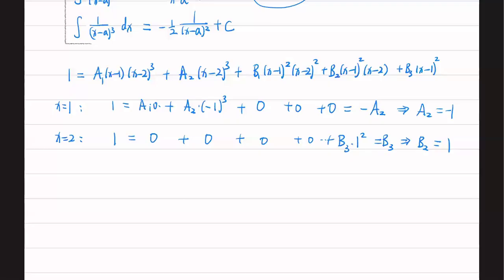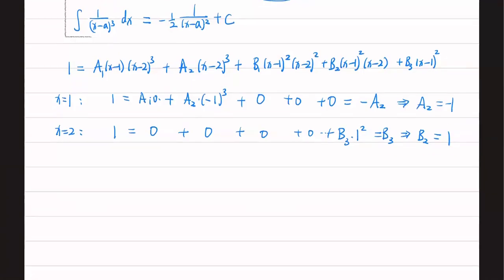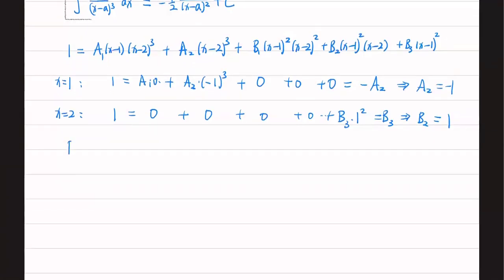What we do is plug in what we have found, A2 and B3, try to simplify, and use this to find the remaining coefficients. So plug in: 1 equals A1, copy A1, A2 is negative 1.